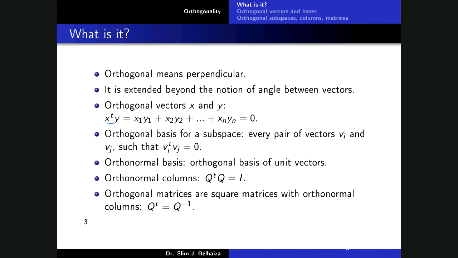So if you do the product x transposed by y, you will have the sum of the products of corresponding elements, 1 by 1, 2 by 2, n by n, which should be equal to 0. The notion here is extended beyond the notion of angle. Orthogonality extends perpendicularity beyond the notion of a 90 degree angle. In a subspace, two vectors are said to be orthogonal if their product is equal to 0.